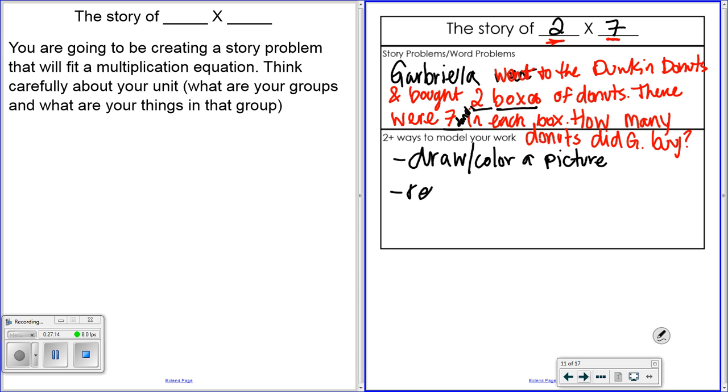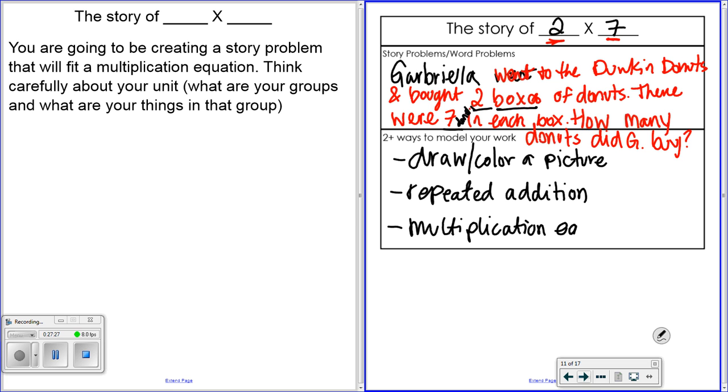I want your repeated addition equation, and I want your multiplication equation. Now, in your equations, do I want question marks? No, I want you to actually solve it. Questions about what you're doing, because you were getting ready to do this all by yourself.